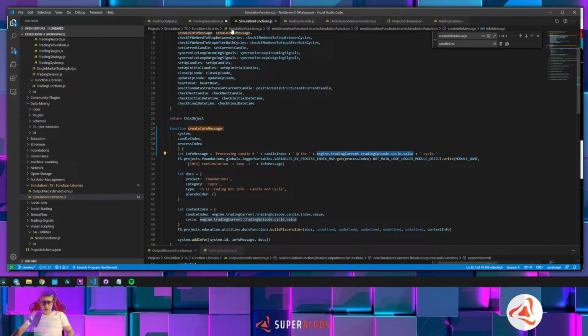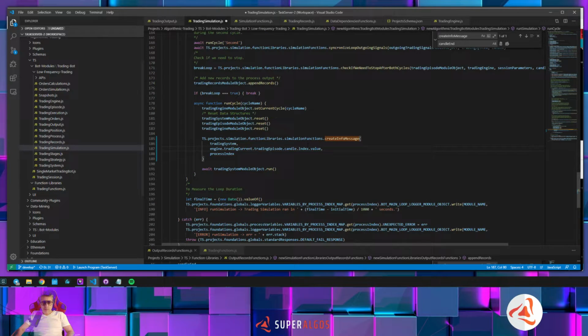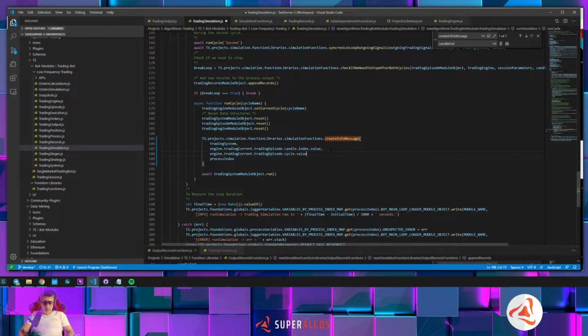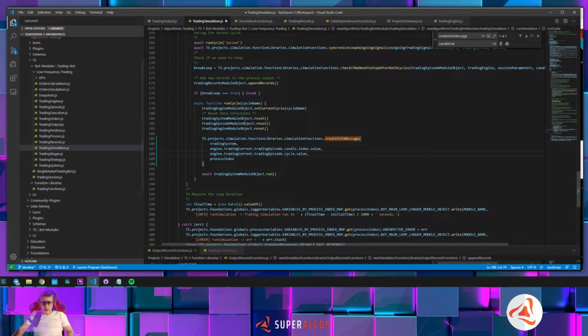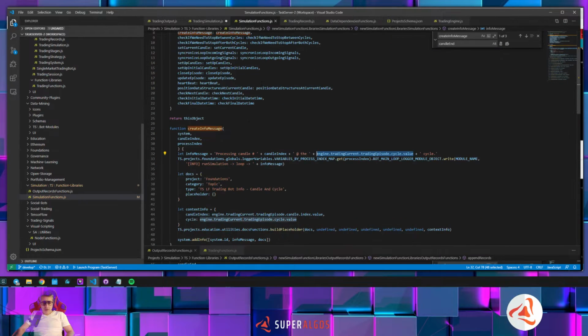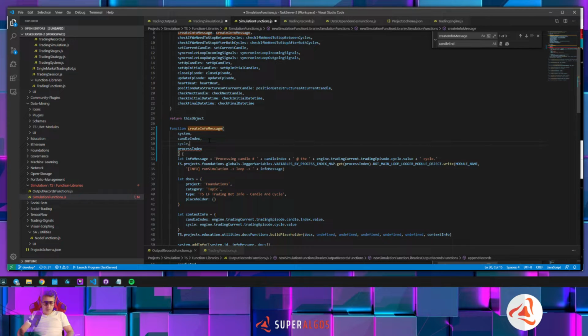Also send me this. That is a cycle. Cycle.